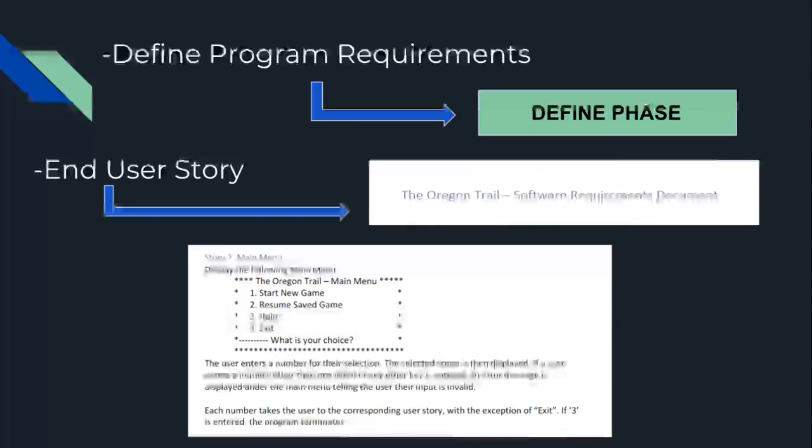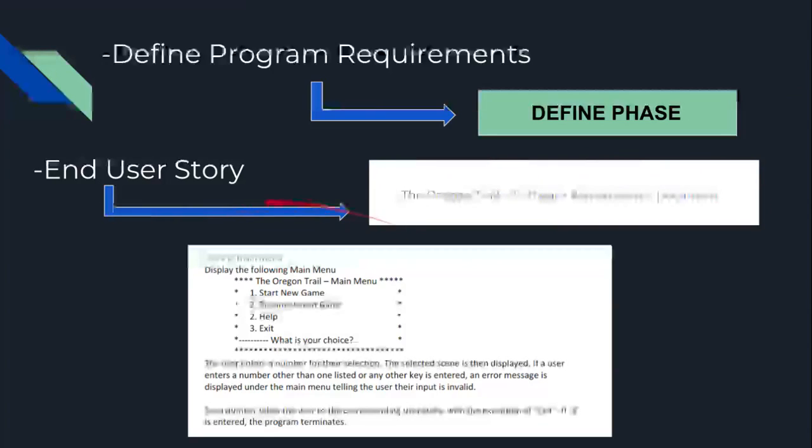Don't worry too much about getting the requirements and design perfect in the first iteration, which is what we learned while we were doing end-user stories, because we changed things.